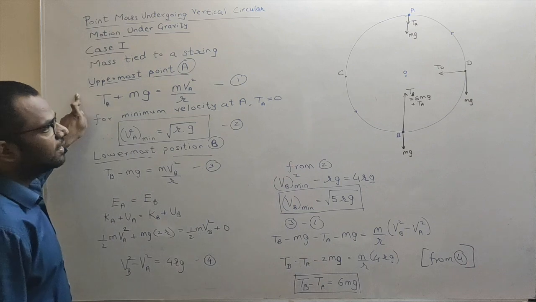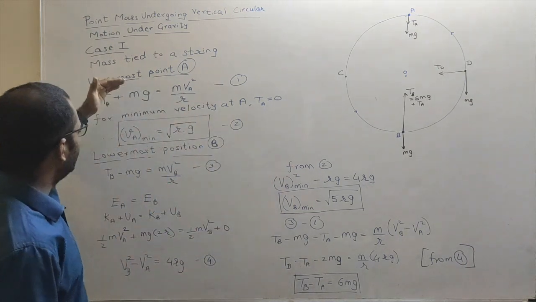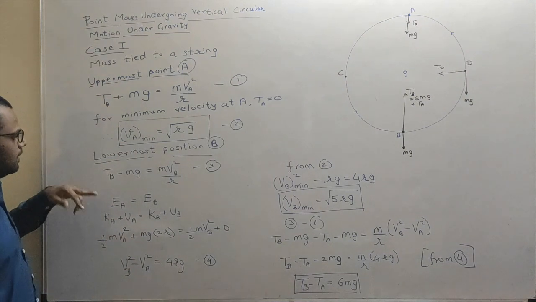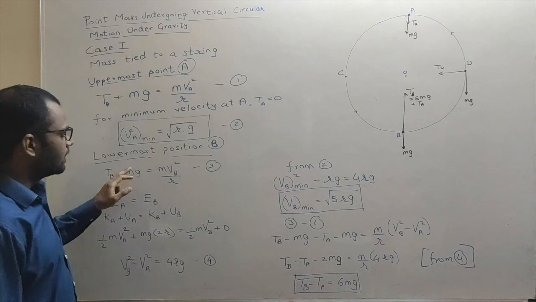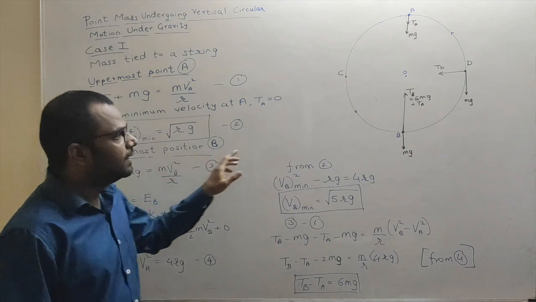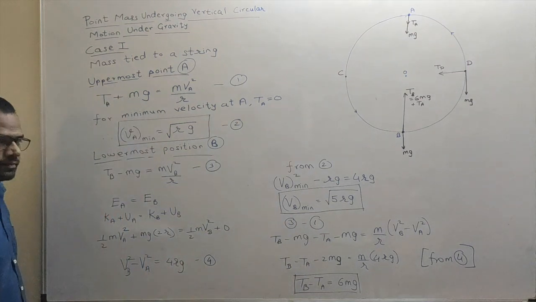The tension in the string and mg together will provide the centripetal force, and then you mention this thing. Then you write down about lowermost point B. Here the net centripetal force will be TB minus mg, and then you write down these things.